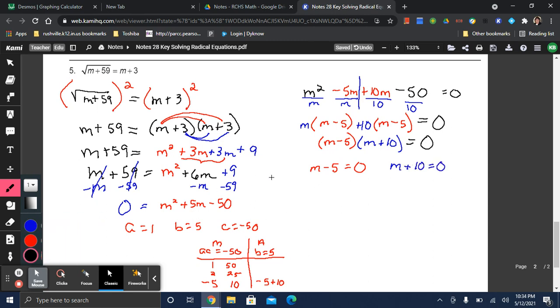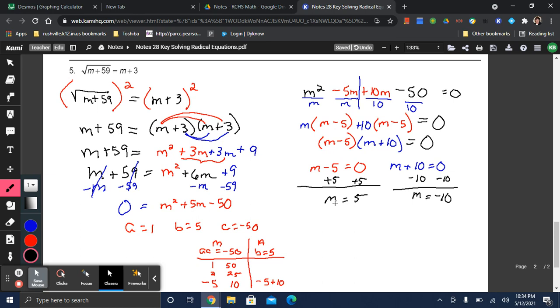All right, so we would need to add 5 to both sides. That gives us m equals 5. Here we'll need to minus 10 to both sides. And that'll give us m equals negative 10.